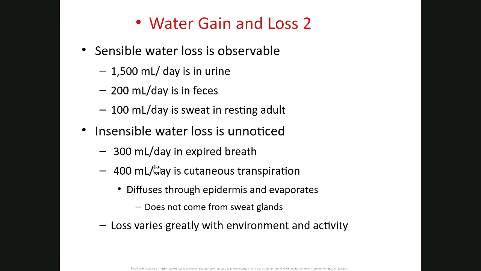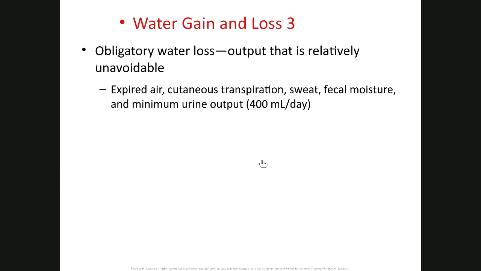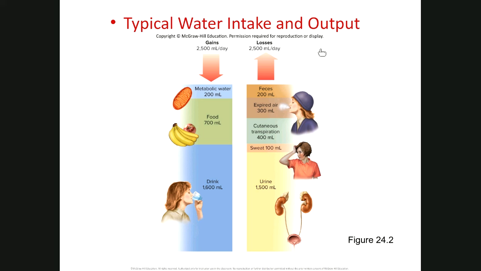And there's insensible loss, where you can't actually control it: expired breath, cutaneous transpiration, depending on your temperature level. There's also water that has to be taken out through your expired air, skin, all the way to the minimum urine output. So if you think about it, you gain water from metabolic water, food, and drink, but you also lose it through urine, cutaneous transpiration, and feces.